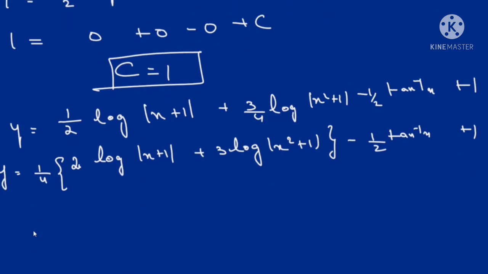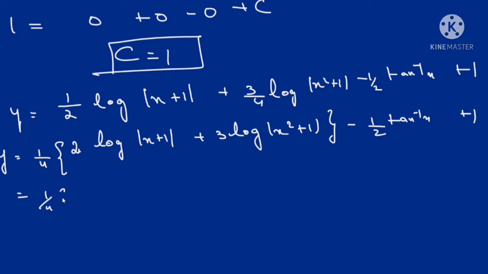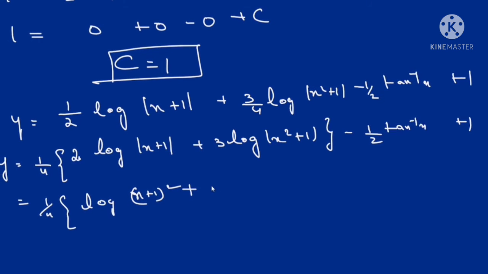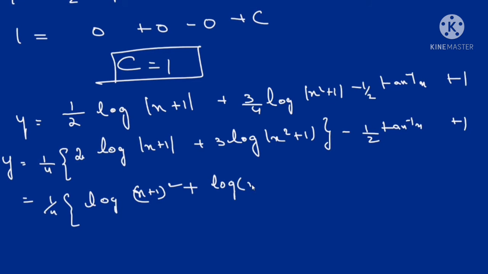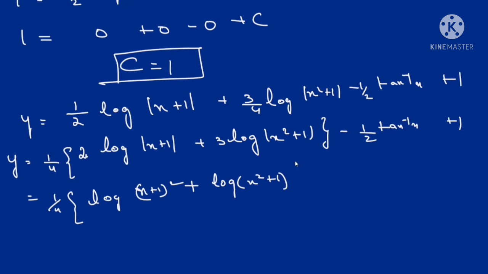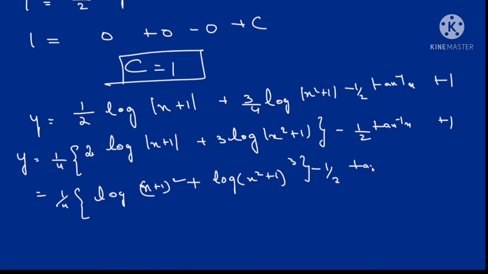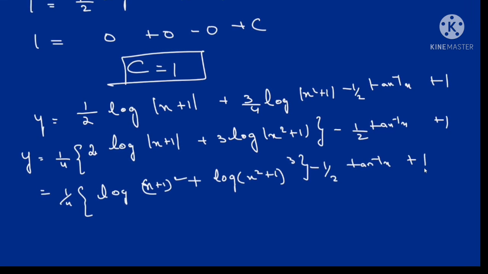I put the modulus because the modulus is there in the first term, here you need not put it. So that is equal to 1 by 4 times, now you can use the power rule: log of x plus 1 the whole square, since the modulus can be removed when squaring, plus log of x square plus 1 the whole cube.